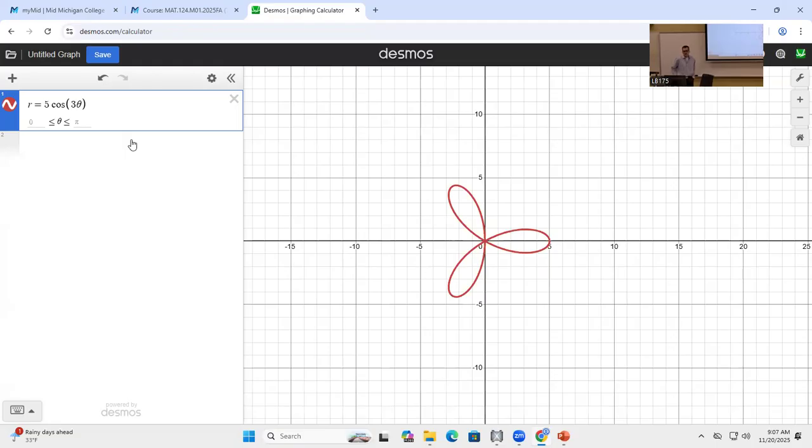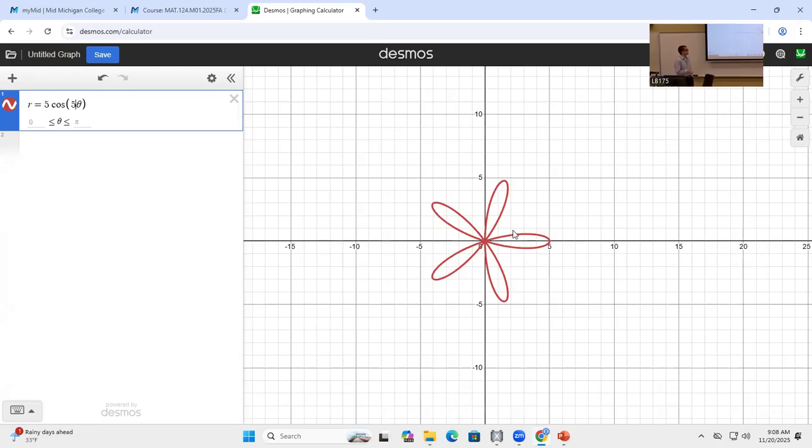It turns out if I put an argument of 3 theta, you can see that this first loop is still laid out on the x-axis, but we loop back and around, and we get essentially what we call 3 petals, right? This object is known as a rose curve because it looks like, in some ways, a flower with 3 petals, okay? If I put a 5 in there, then I get a rose curve with 5 petals.